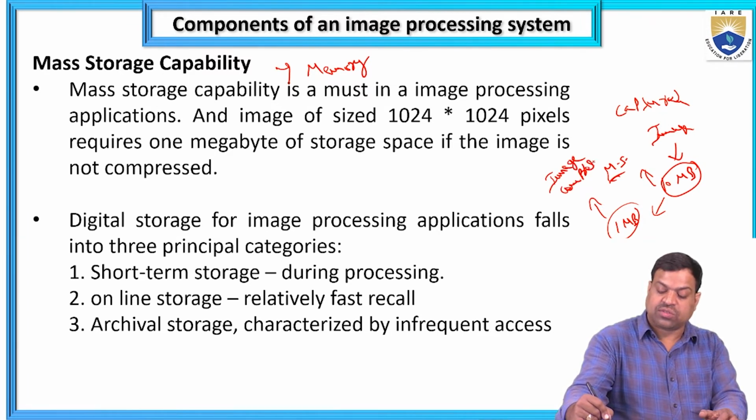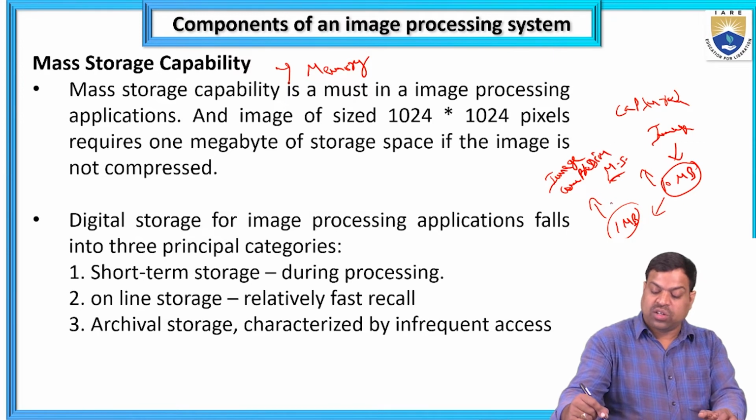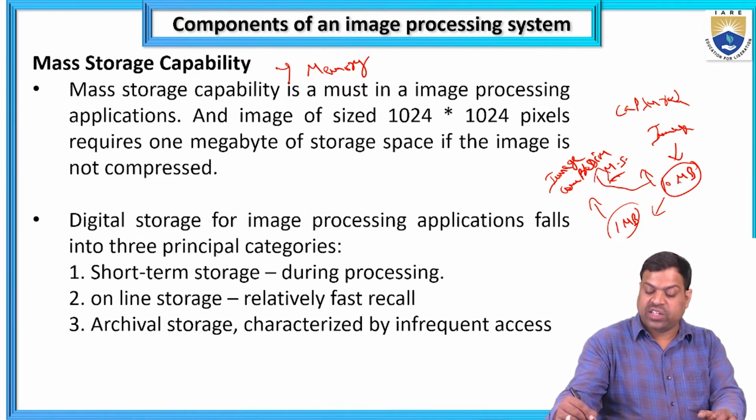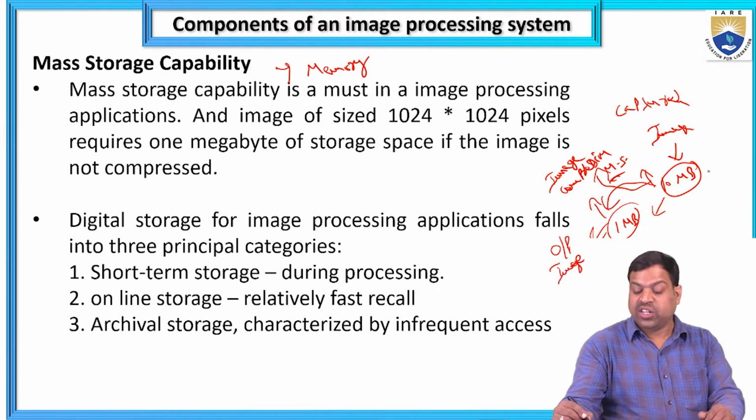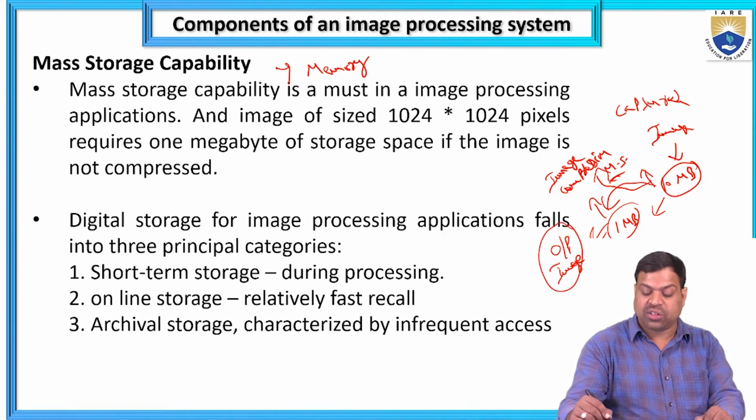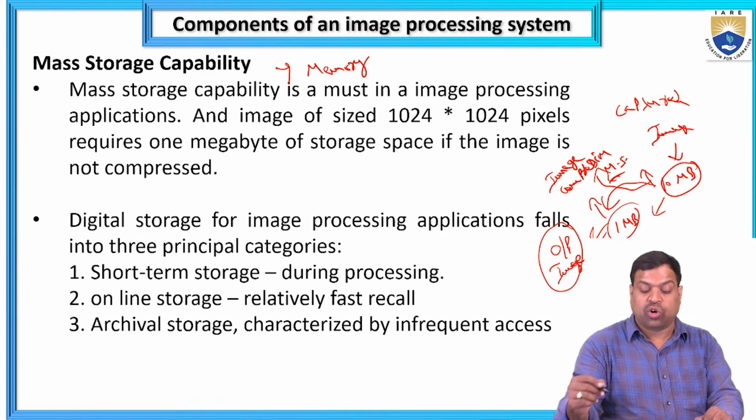Image compression converts this 10 MB into 1 MB. The original image is 10 MB, but we converted it to 1 MB with the help of the image compression technique. The 1 MB image needs to be stored somewhere. Do we need a memory? Yes, I need a memory to store the output image.